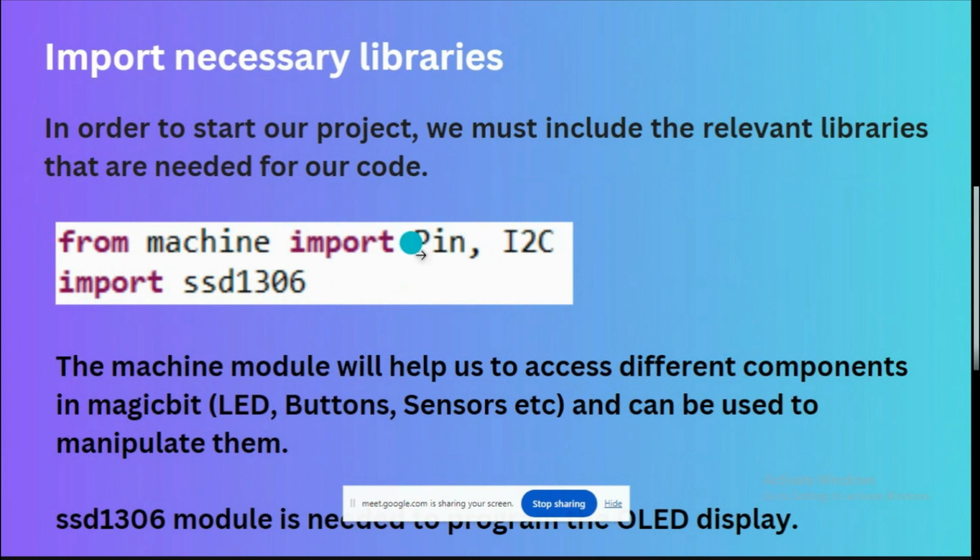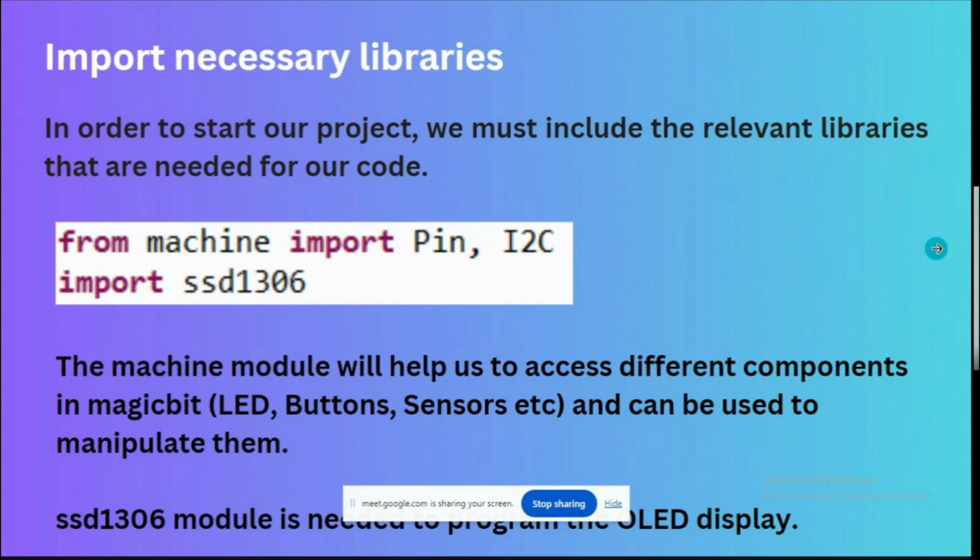In the second line, we have imported the whole SSD1306 library. If you want to import the whole library, you can just type import machine without these two. But we have imported only the required sections, Pin and I2C.